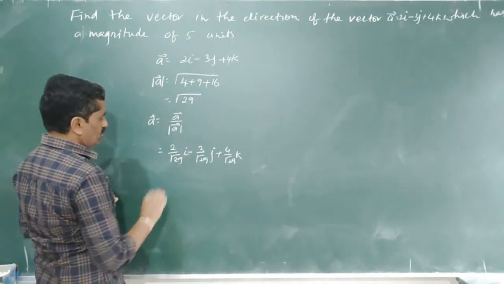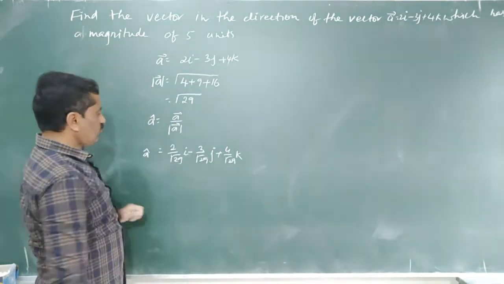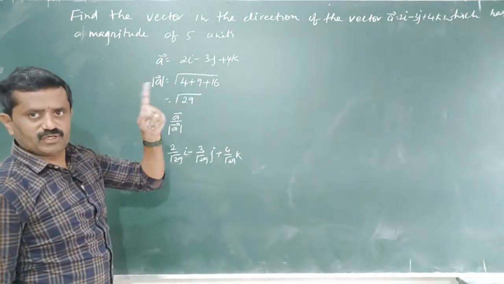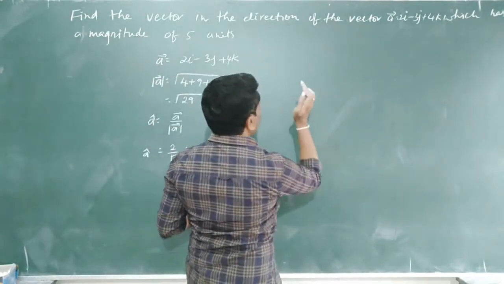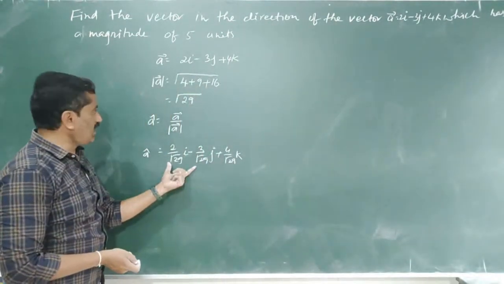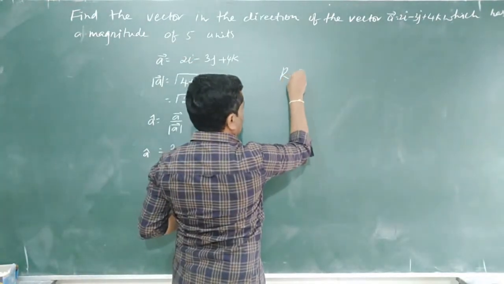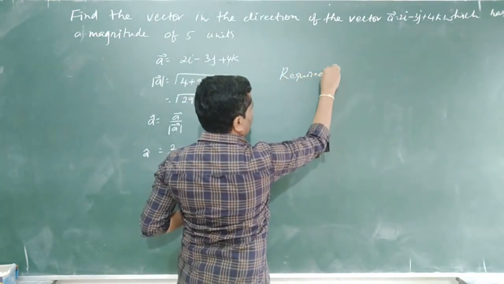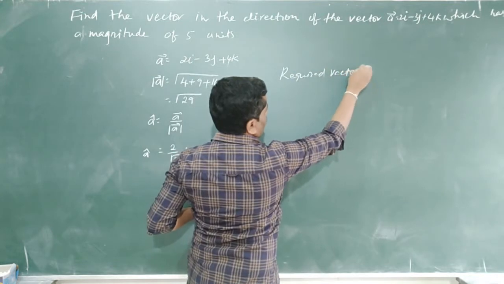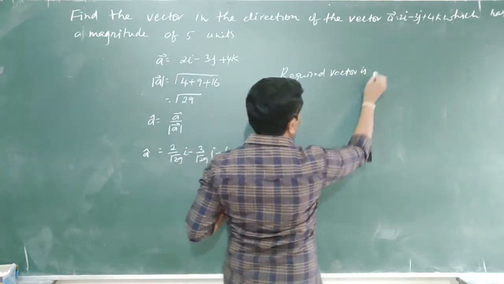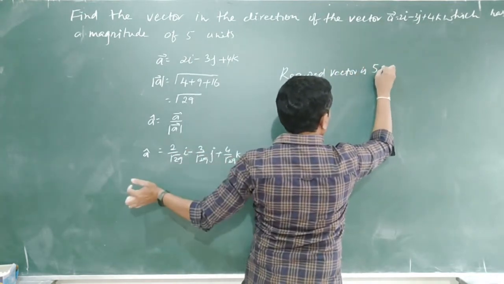This is a cap, but we need to find the vector in the direction of the given vector. So again multiply the unit vector by the given units. Therefore the required vector is 5 into a cap.